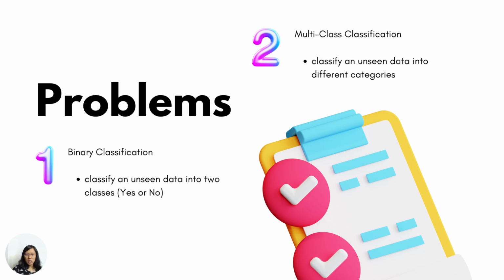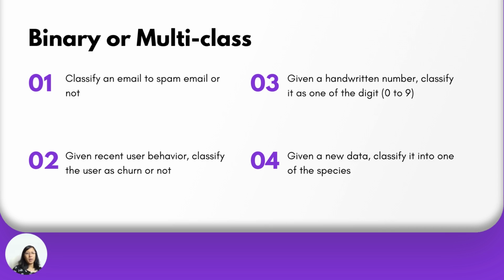Now let's test our understanding of binary or multi-class problems. Let's check the email, whether it is a spam email or not. So classifying this email into spam or not, or checking if the customer starts using your product or not, these are considered binary classification.